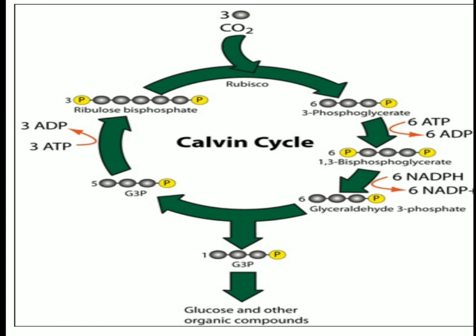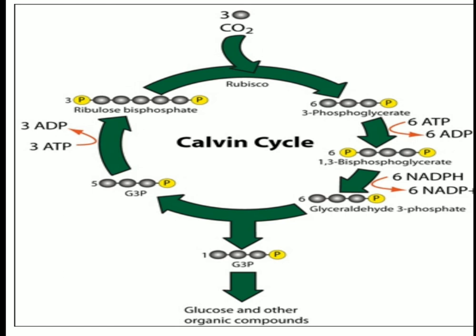Now let us see how the pathway occurs, as mentioned in the figure. For ease of understanding, the Calvin cycle can be described under 3 stages: carboxylation, reduction and regeneration. First of all, carboxylation. It is the fixation of carbon dioxide into a stable organic intermediate. Carboxylation is the most crucial step of the Calvin cycle, where carbon dioxide is utilized for the carboxylation of ribulose bisphosphate.